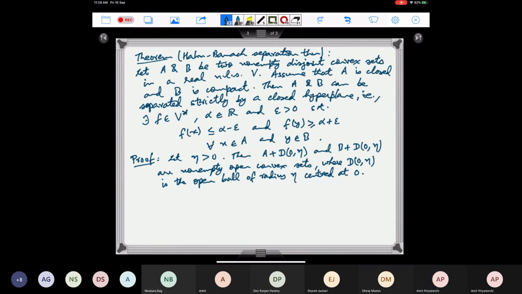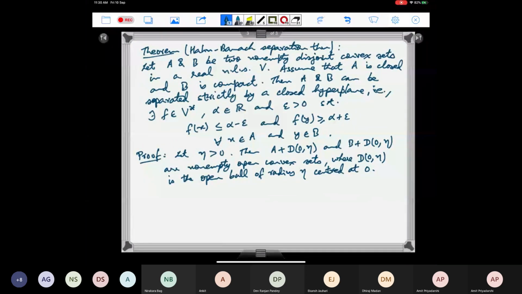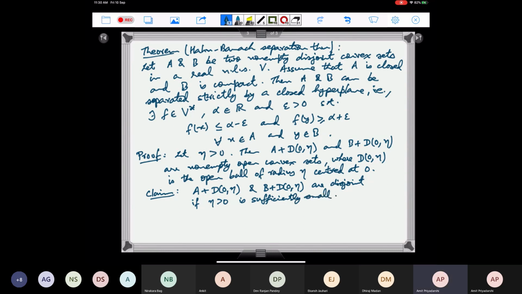So let me write this claim: A plus D0 eta and B plus D0 eta are disjoint if eta greater than 0 is sufficiently small.